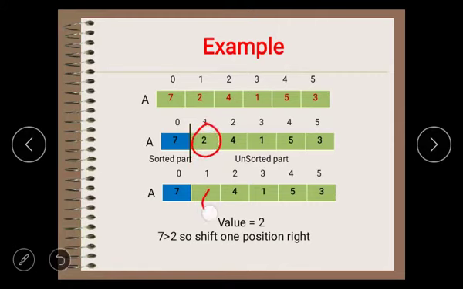Take the 2 into the variable value and compare with the sorted part. Is 7 greater than 2? Yes, so we need to shift it one position right.